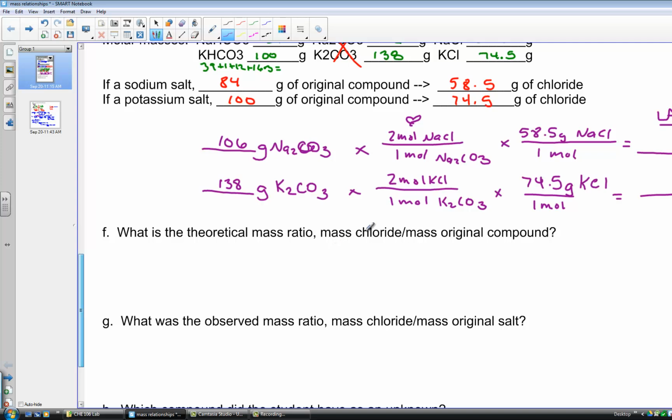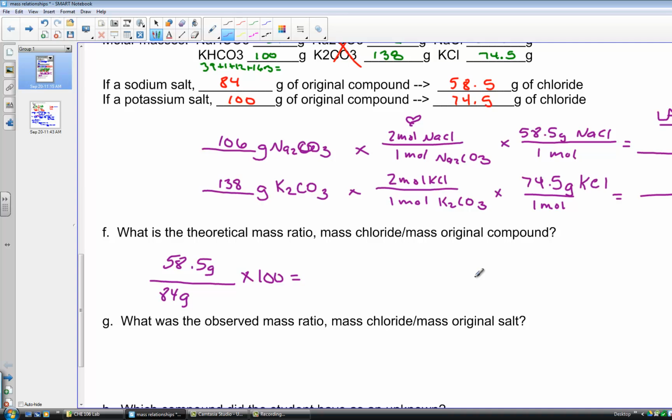So the mass of the chloride, and shall we do sodium chloride just to kind of think about an example here? 58.5 grams was produced from the original salt of 84. And you could just express that as a percent and leave it as a percentage. We don't have to work it to a whole number.